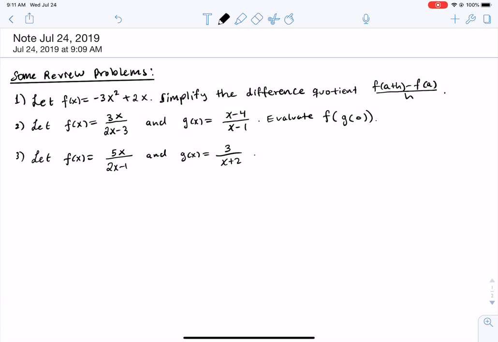I want you to simplify f of g. Number 4, let f of x be equal to 3x plus 2 over x minus 1. I want to find a formula for the inverse.